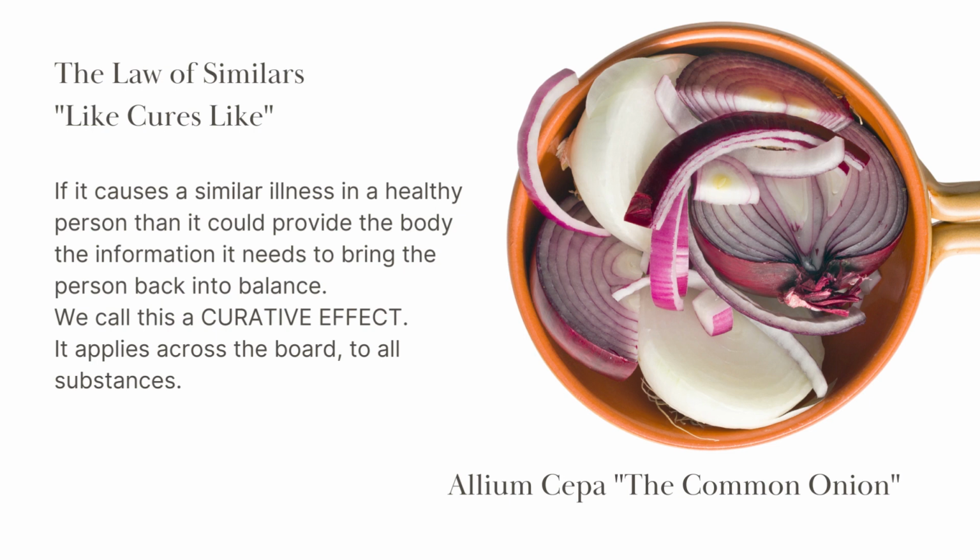This is a healthy person exhibiting information that the remedy, in this case the onion, or allium cepa in Latin, would provide to the body. So if you see a sick person exhibiting the symptom of a clear runny nose or watery eyes, you would think allium cepa. This will give the body that same information to restore it to homeostasis.